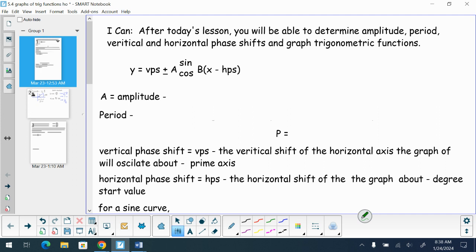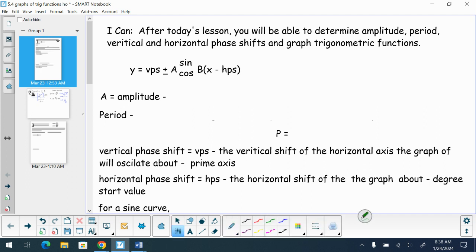This was our fundamental equation that we continue to go back to, typically written at the tops of papers. I suggest that you continue to do that, because it's easier to refer to, and it will allow you to get all the parts you need to graph your trigonometric functions of sine and cosine.